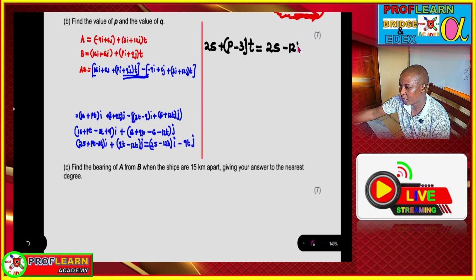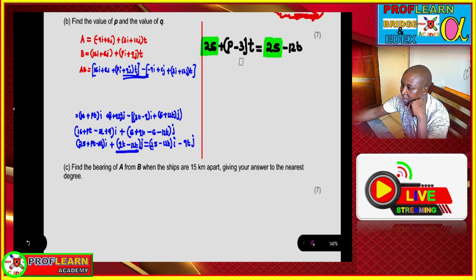So you can see here 25 and 25, and we have a t here and a t here, so it means we can equate this part to 12.